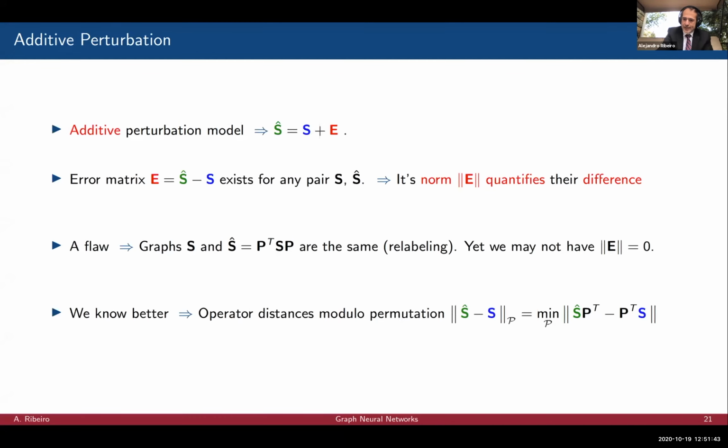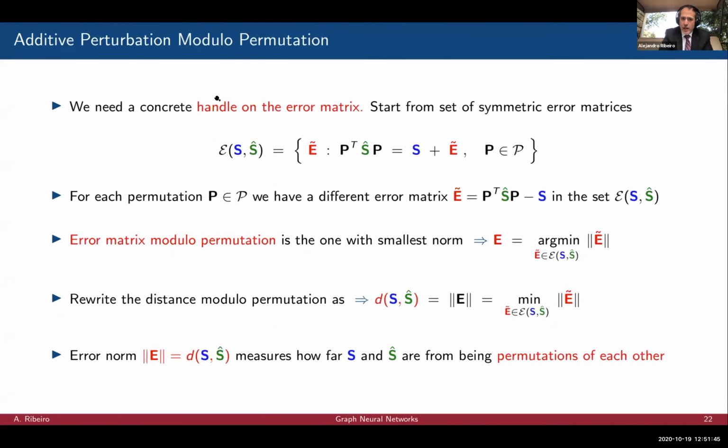But we already introduced a solution to that problem, which is to utilize operator distances modulo permutation. I could leave it at that, except that I need to have a handle on the error matrix. Therefore, I am going to walk you through this slide, which contains a number of definitions. I am defining here all of the matrices E tilde that allow me to write permutations of S hat as summations of S and E tilde.